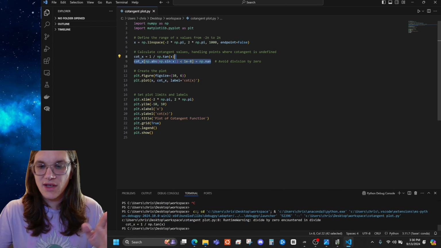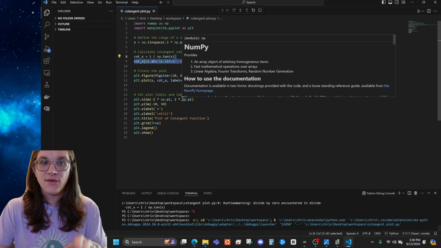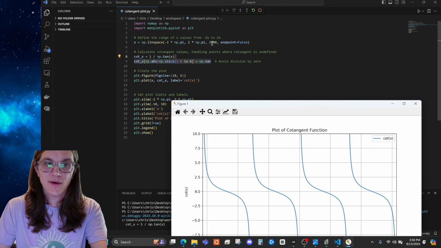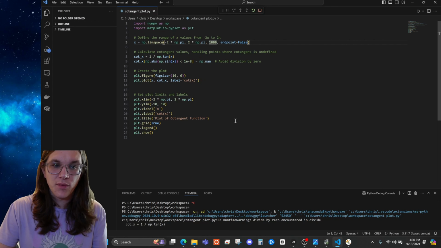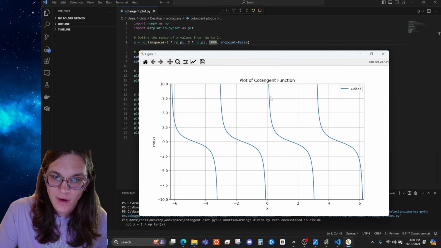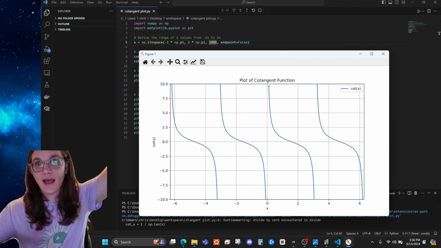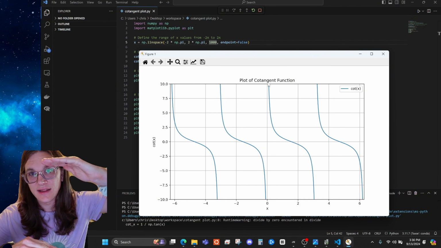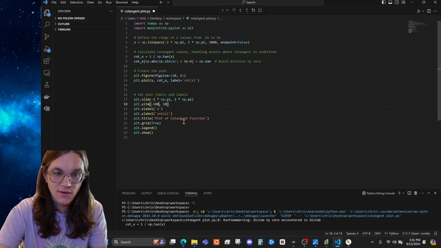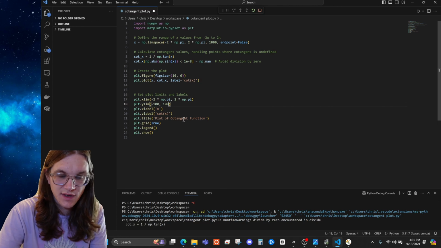Whereas hypothetically, if I add more points by changing linspace here, this 1000, if I add more points to the plot, then it would continue. And if I extended the y-axis, if I extend this y-lim right here, I can do negative 100 to 100, see what happens.